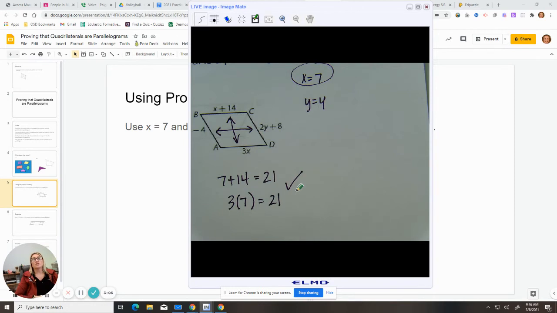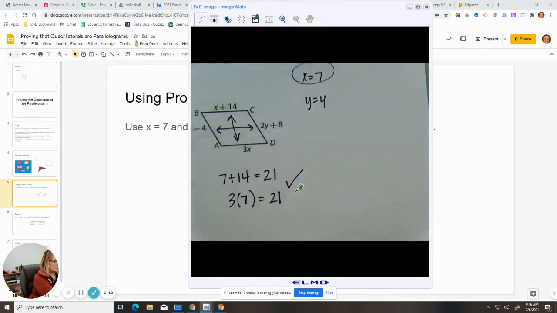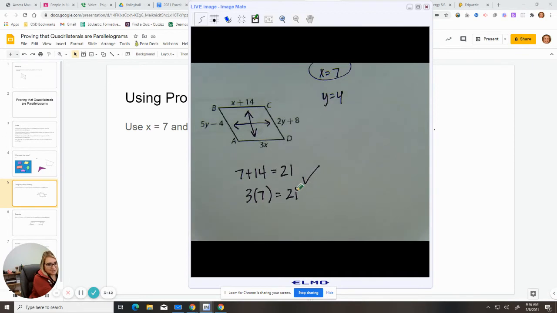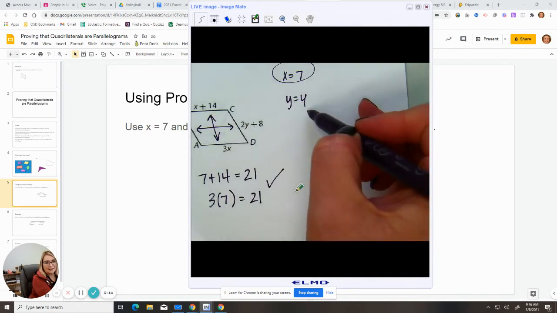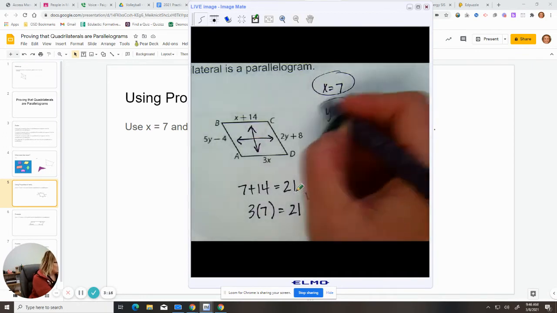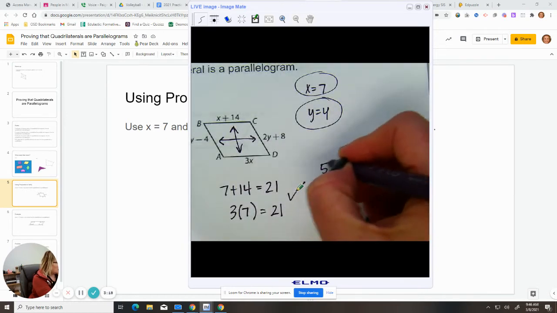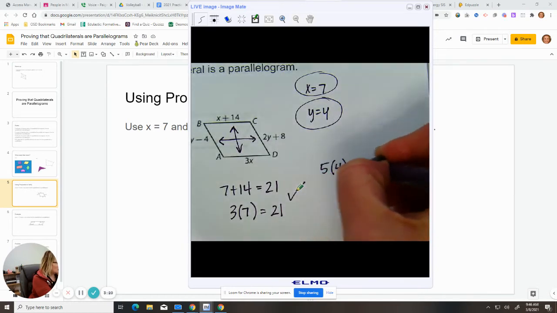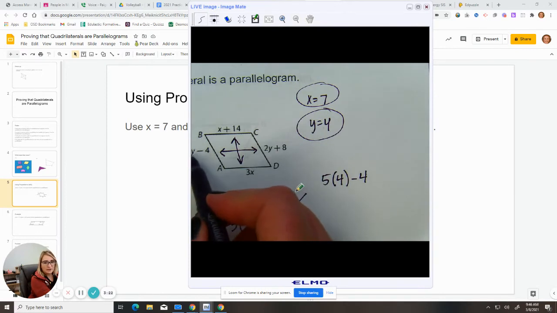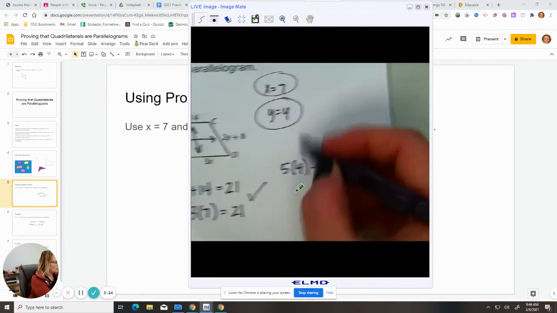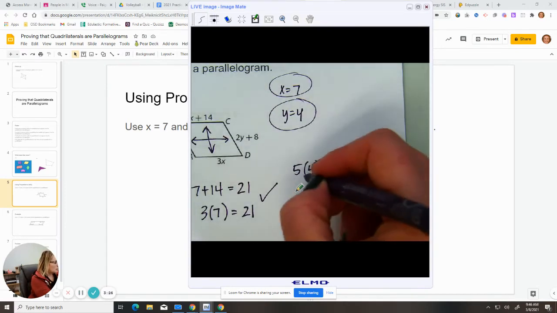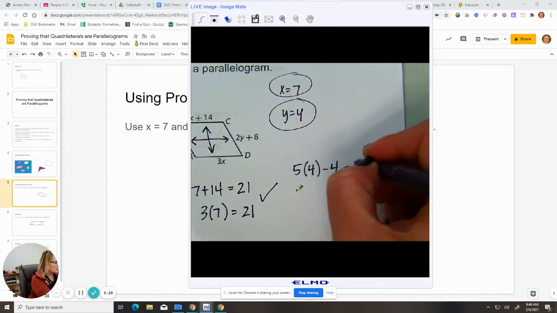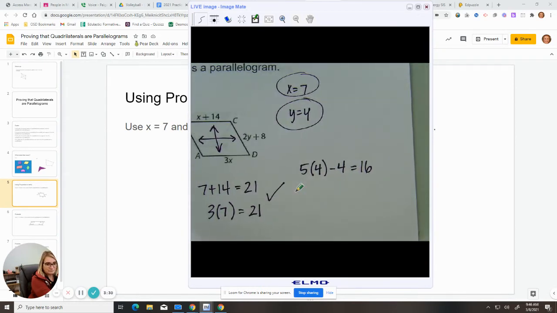Now we're going to prove it for the y values, or these two sides, and we're going to do it the exact same way, but now we're going to use y equals 4. So 5 times y minus 4 becomes 5 times 4 minus 4. 5 times 4 is 20, 20 minus 4 is 16.